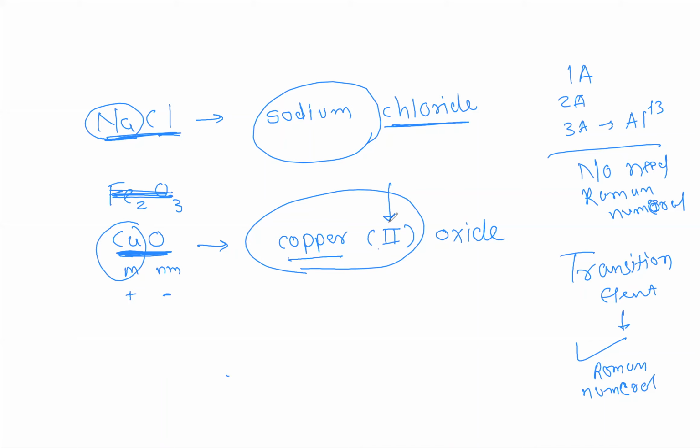So we need to specify what charge this particular cation is carrying in this particular formula. That's it. Make sense? Sodium will always carry +1 charge, so you don't need to say it, right? Do you follow me? Yes.